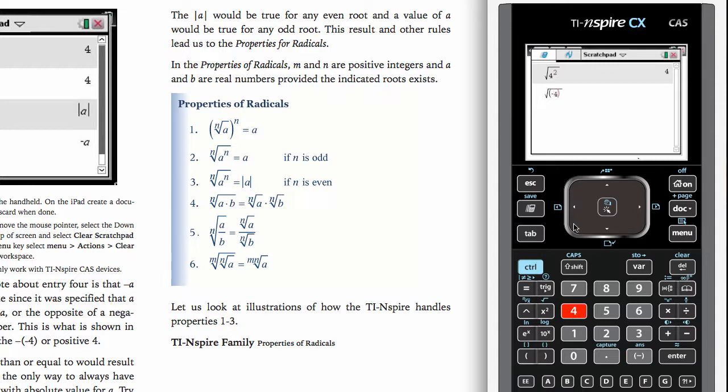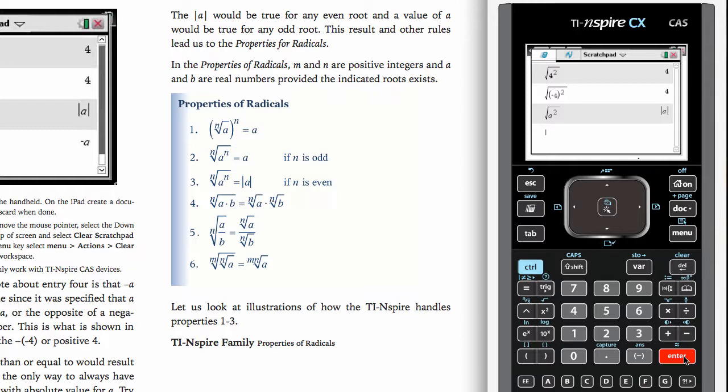Move outside the parentheses. Square it. Get 4. Go to square root. Put in A. Square it. Get absolute value of A.